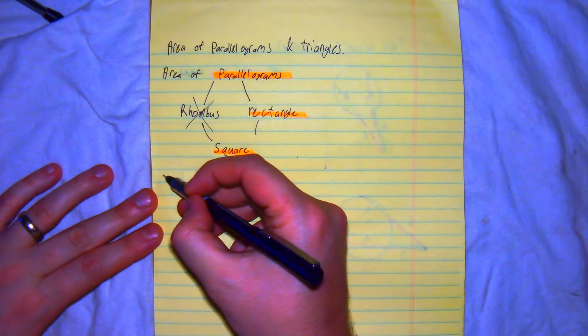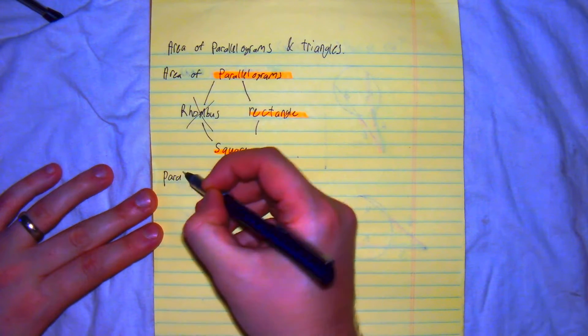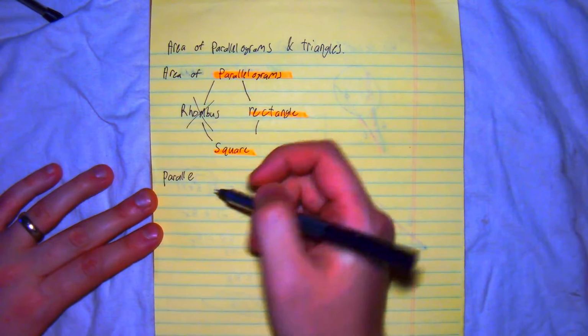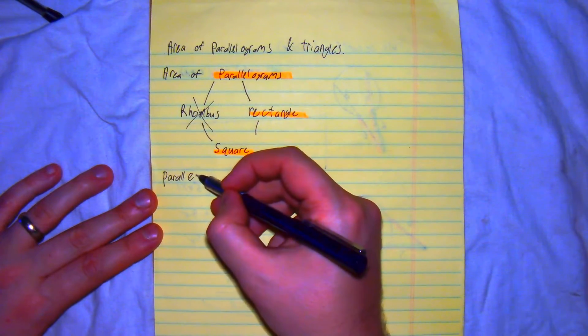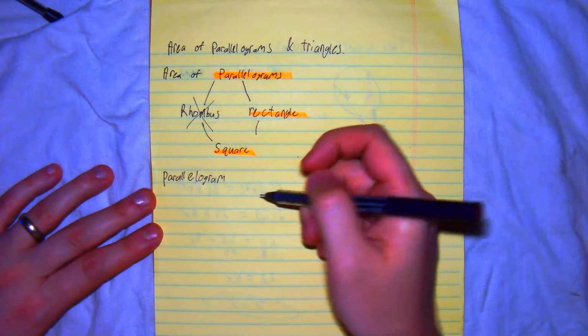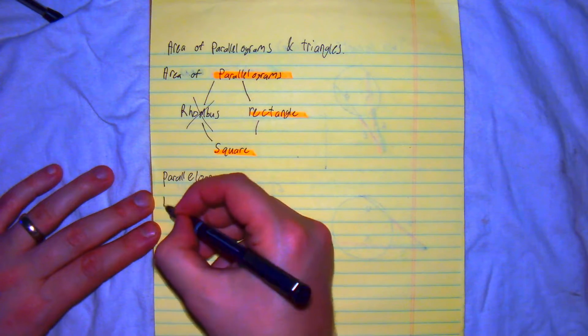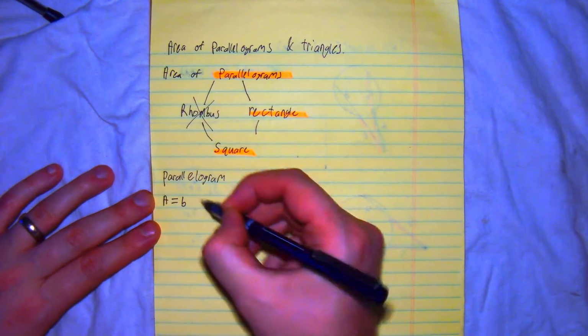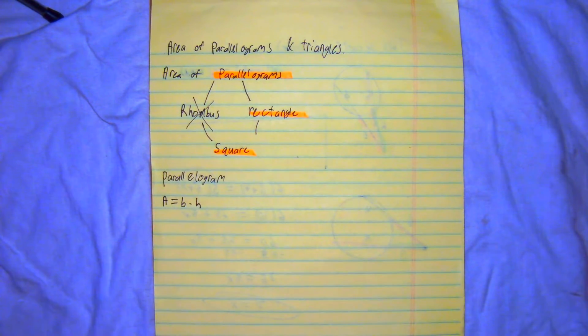So the formula for a parallelogram. Let's do the parallelogram first. So the parallelogram area is equal to base times height.